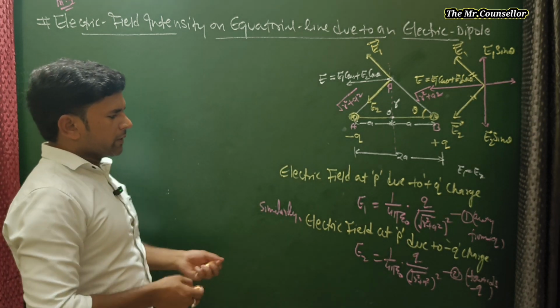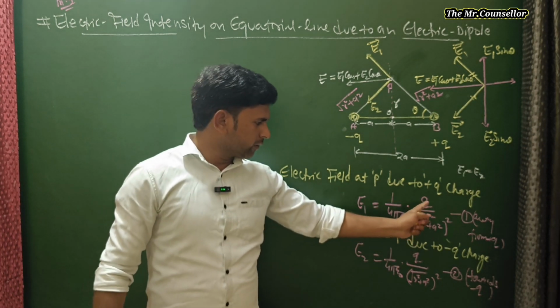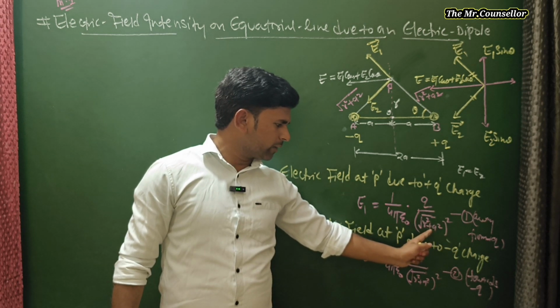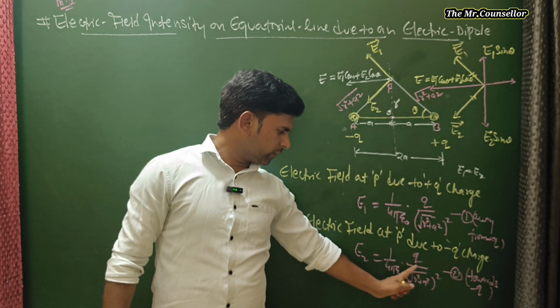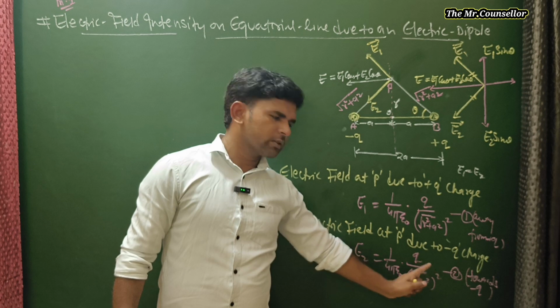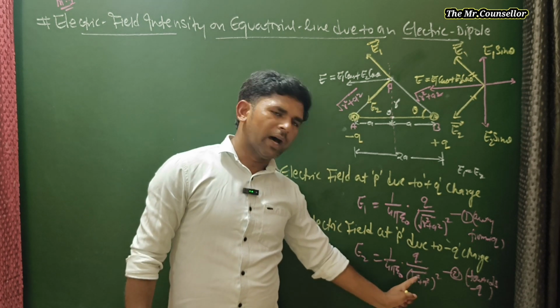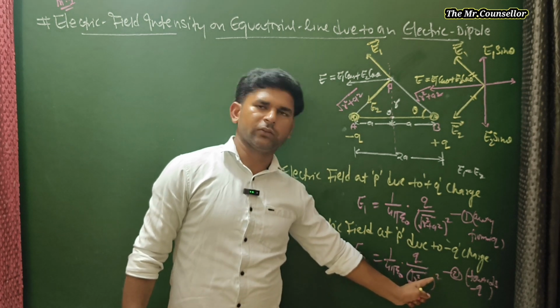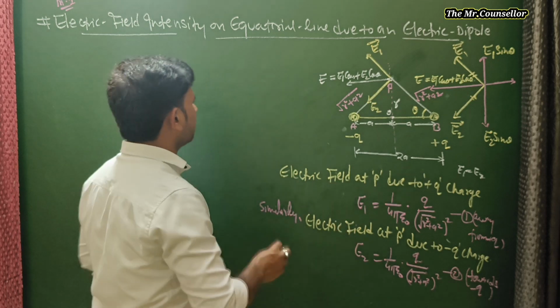So now you can see both are same. Here is also Q upon root R square plus A square whole square. Here is also same, Q upon root R square plus A square whole square. Both are same. Is it okay or not?